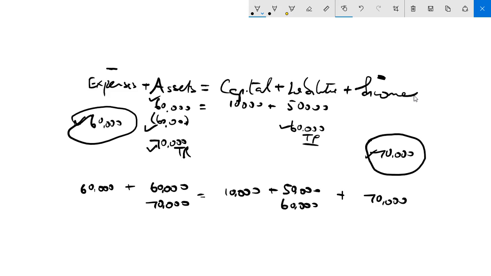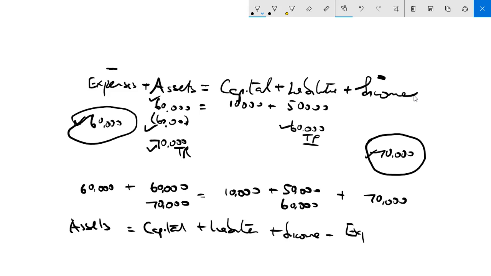And again, the same idea in terms of profit, we can move the expenses over there, and so assets become equal to capital plus liabilities plus income minus expenses. And what we have here with our assets are the money in the bank and the piece of paper.